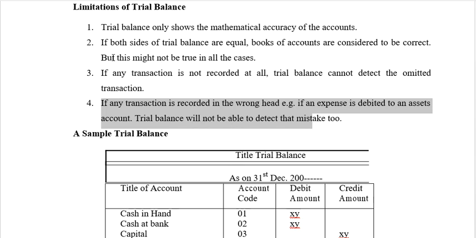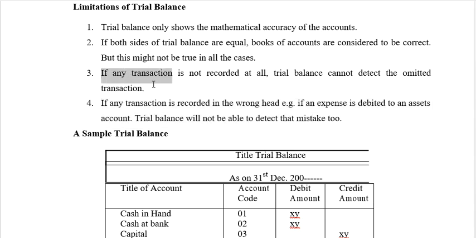Even if both sides of the trial balance are equal, meaning the debit side equals the credit side, the accounts are not necessarily correct. If the account used is wrong, the trial balance will not detect any problem. If any transaction is not recorded at all, the trial balance will also not be able to detect the omitted transaction.